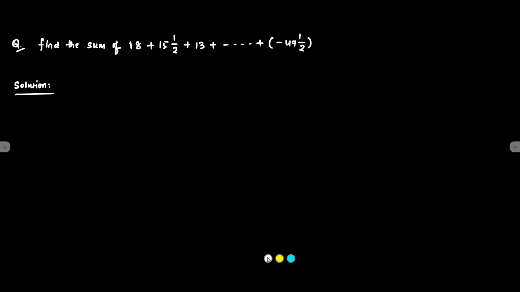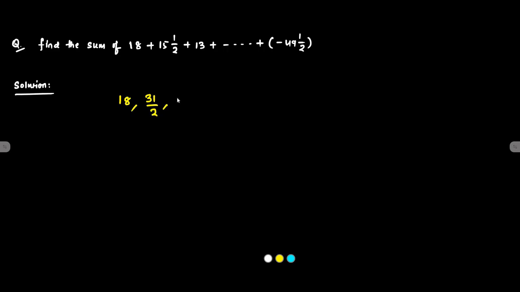Let us write these terms in proper order, in terms of the AP. We don't know whether it is an AP or not, but we'll check it. So let us write the terms. First we have 18, then 15 whole 1 by 2, so it is 31 by 2.